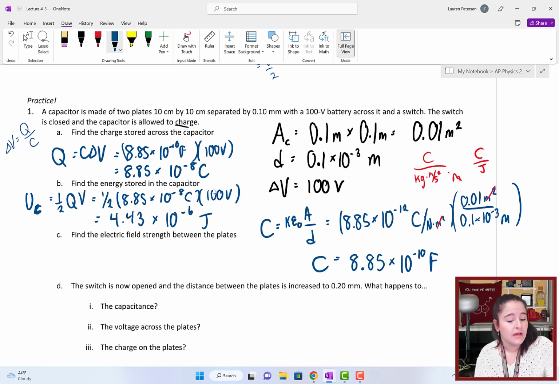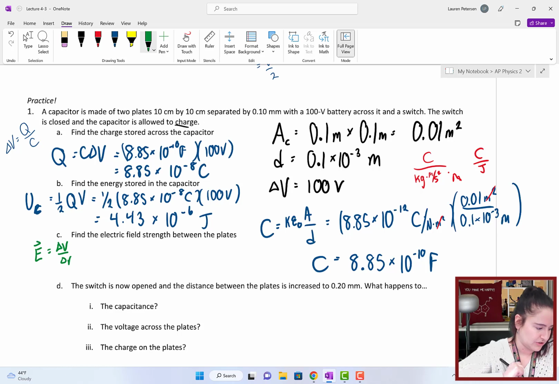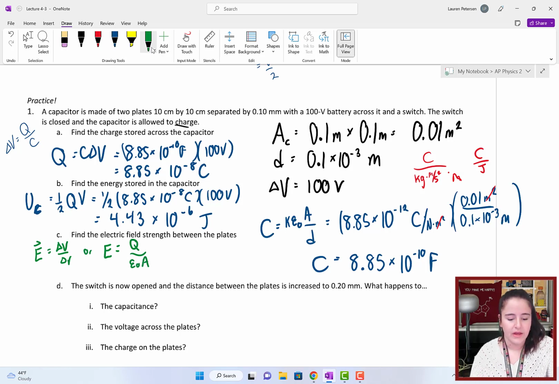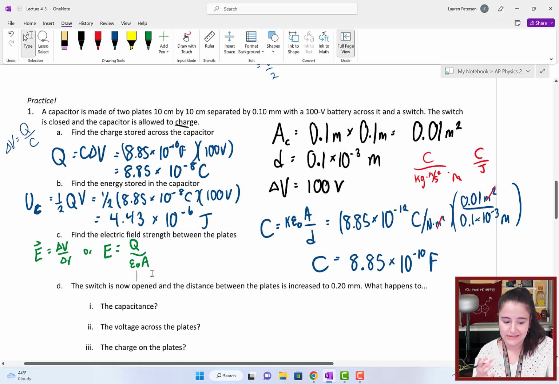Okay. Now, for the electric field strength, what equation are you going to use? There's two different ones that will work well. You can either use that the electric field is the change in voltage over that separation distance, or the electric field equals Q, the charge, over epsilon naught times the area. Both of these will get you the same value for that electric field strength.